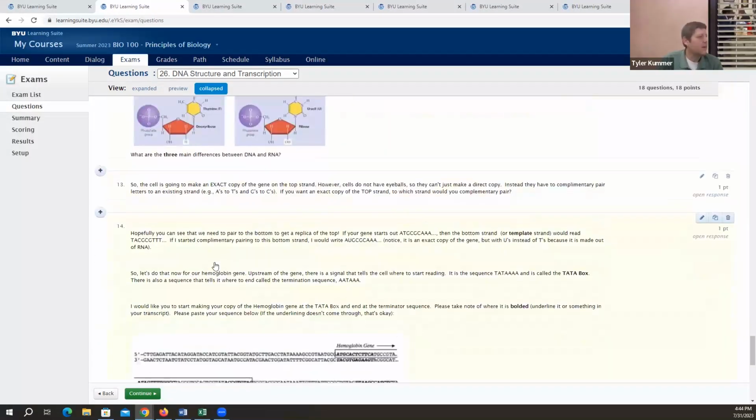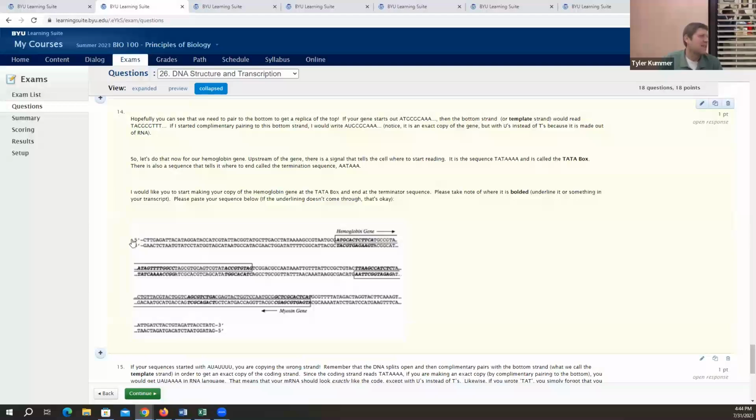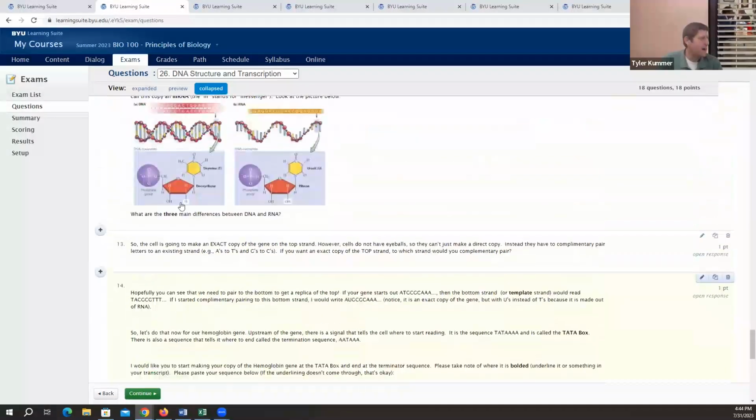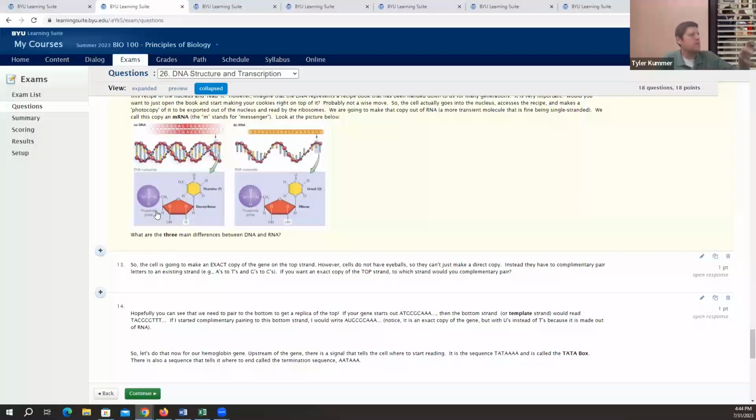So when we talk about the prime, we're saying that the 5' is up. This 5th carbon right here is oriented up. If instead it was 3', this whole image would be flipped upside down.